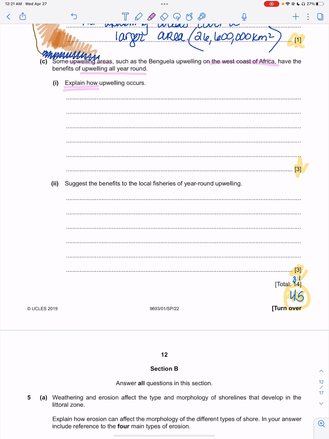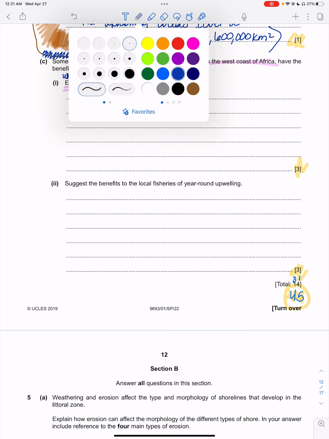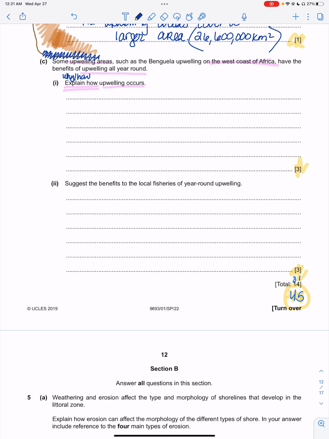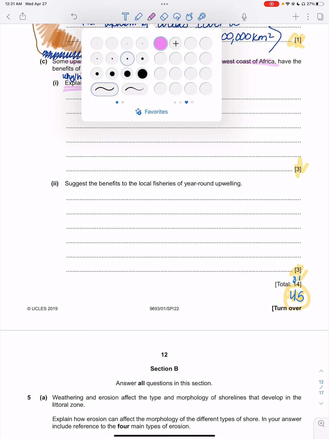Ooh, explain how upwelling occurs. So explain is why and how. Let's do it. All right. I'll sketch it out here real quick.